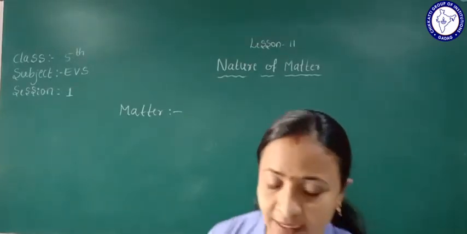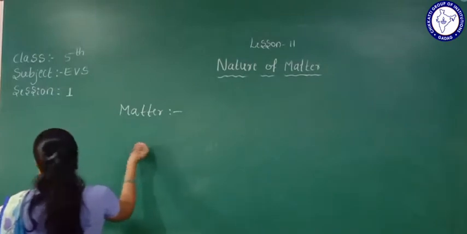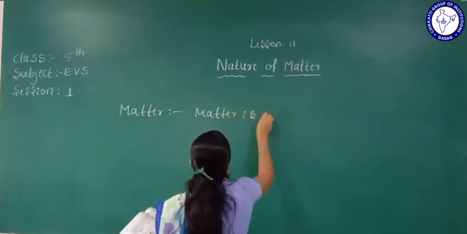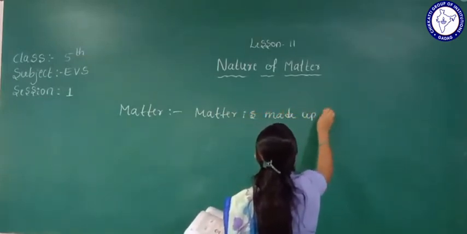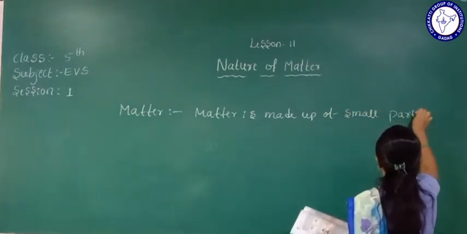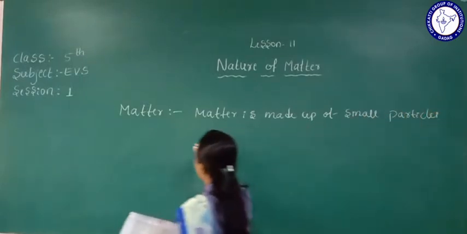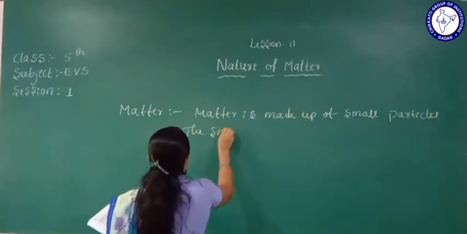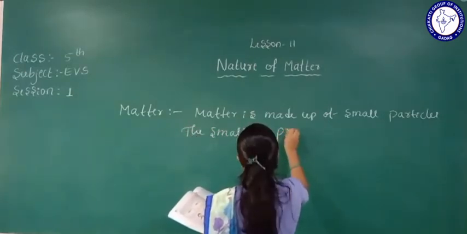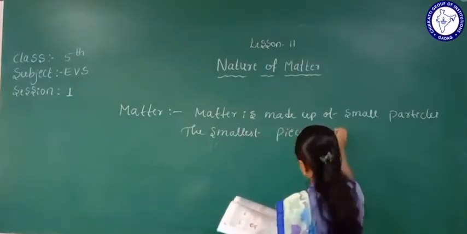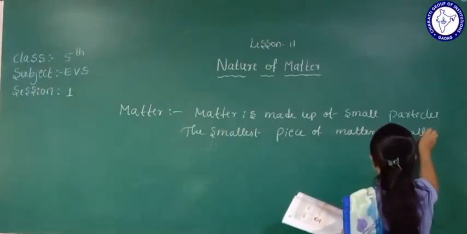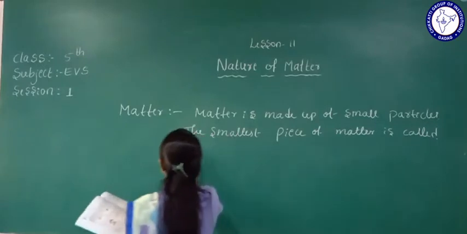What can we call particles here? Matter is made up of small particles. These particles are the smallest piece of matter, called a particle.